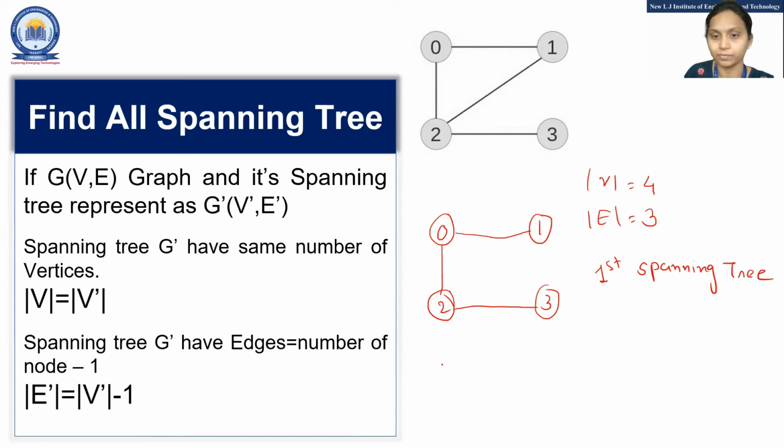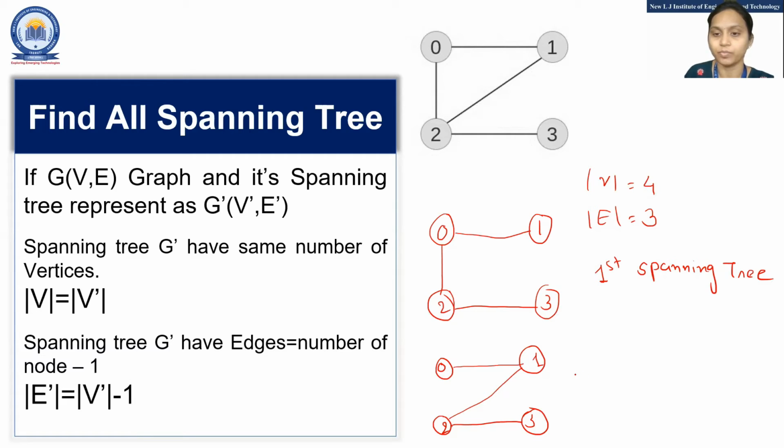Let me try again. Now you just have to check that 3 needs to be connected, and for this an edge is required. So this is a mandatory edge. Now for connection of 2 and 1, we can draw one direct line, and 0 needs to be connected. So I can draw this line.